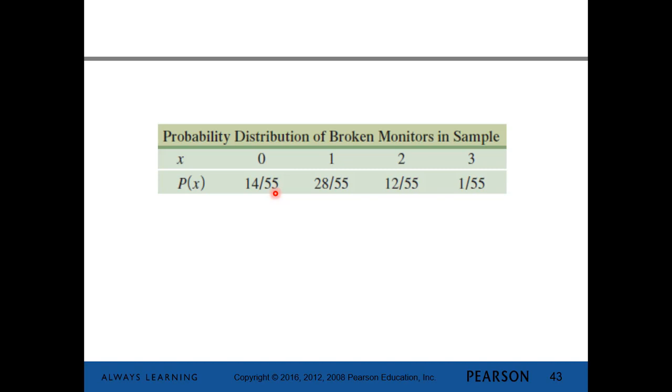Well, think about this. How many different ways can he get 0 broken monitors out of how many is he choosing? He's choosing 4. So this is a combination type problem. You're going to have to know your combinations and make sure you know how to use the function on your calculator.